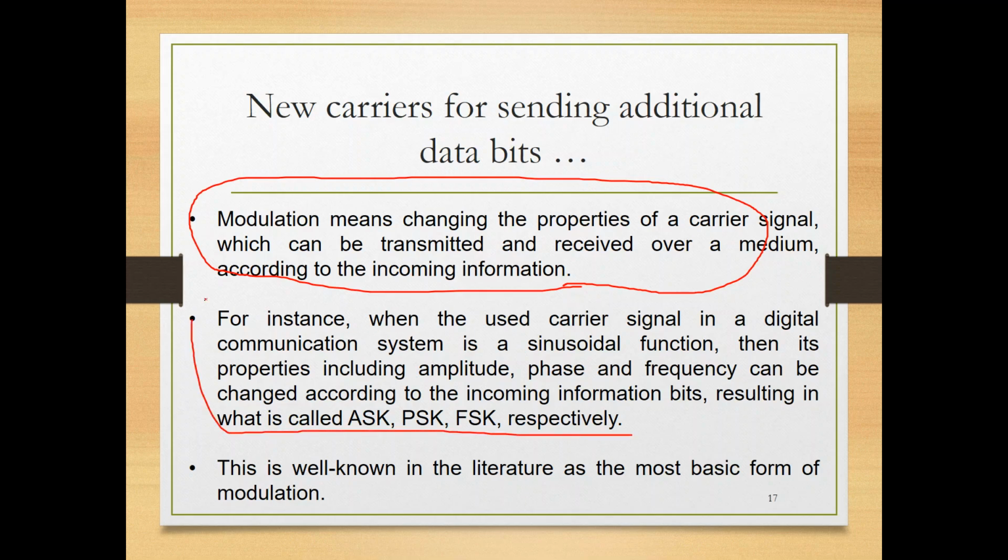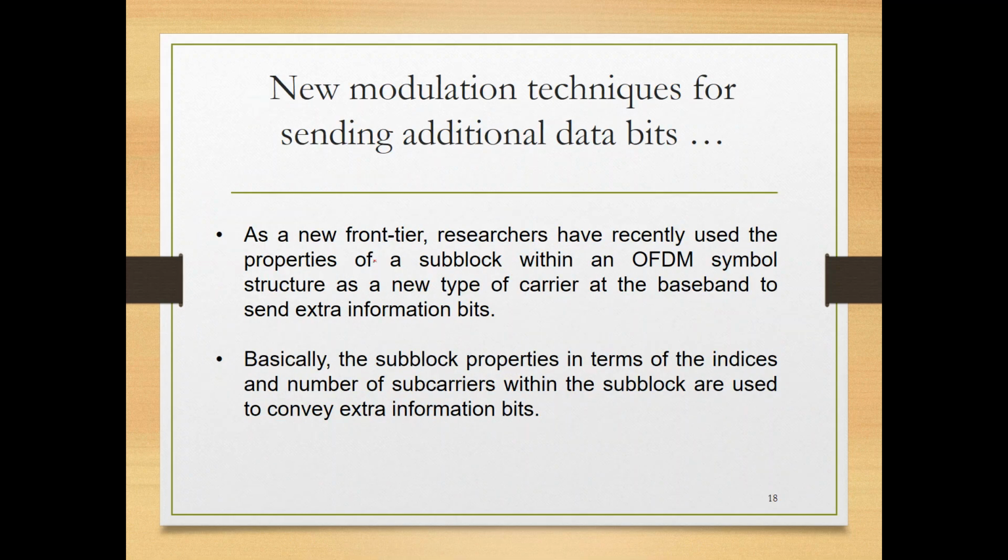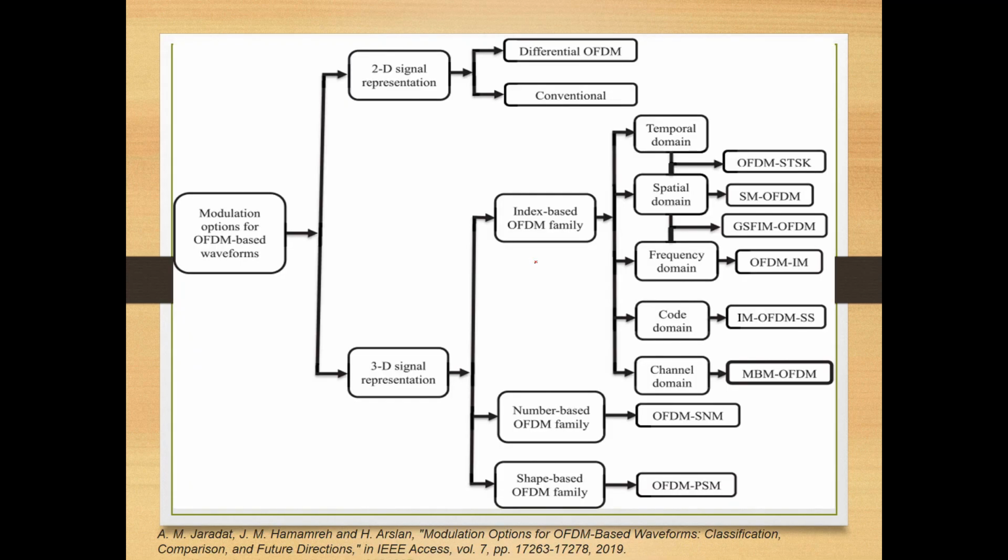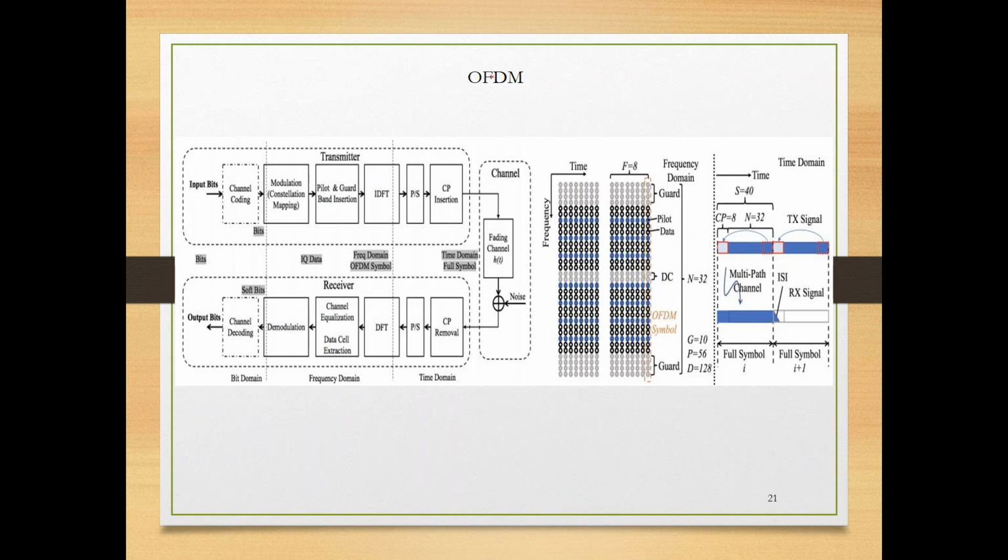And this is when we apply it to amplitude, phase, frequency. This is very well known in the literature. As a new frontier, researchers have recently used the properties of a subblock within an OFDM symbol. What do I mean by this? Let's first show you the OFDM. The OFDM structure is shown in this diagram. You have the input bits.